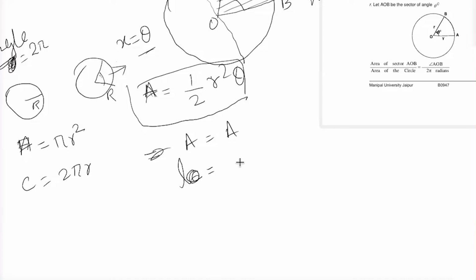Arc length will be what? The angle is theta, radius is r, then arc length will be theta into r, right? Got it?